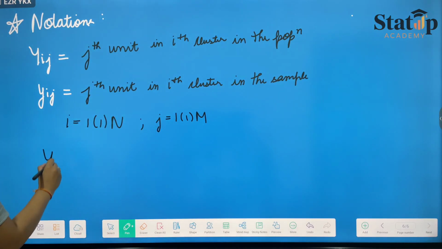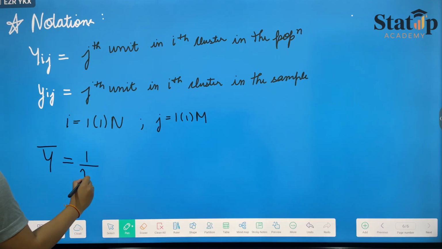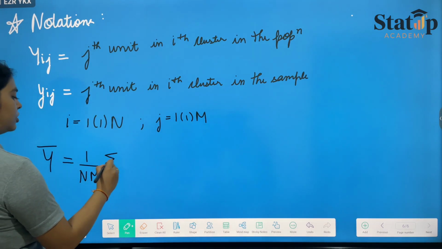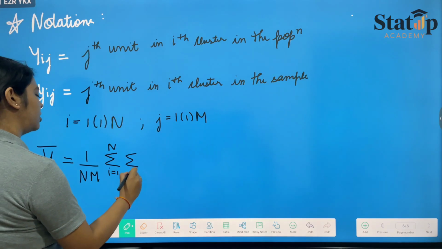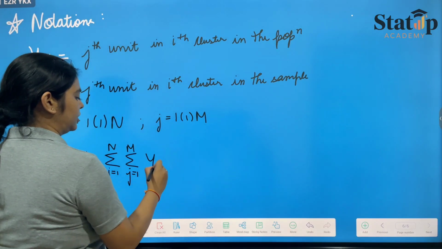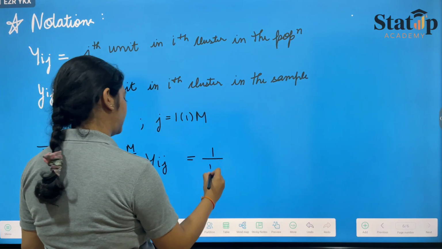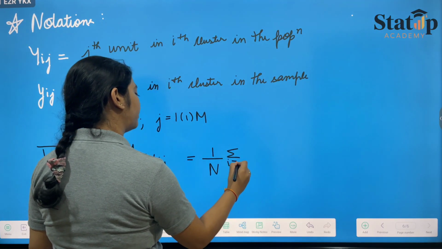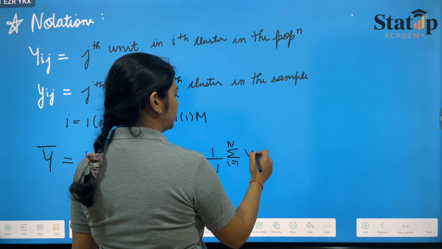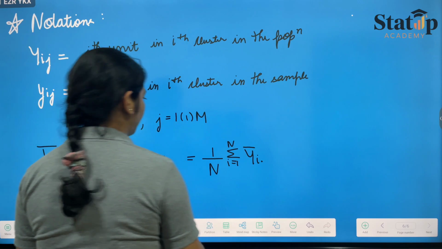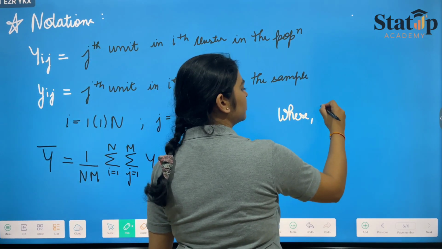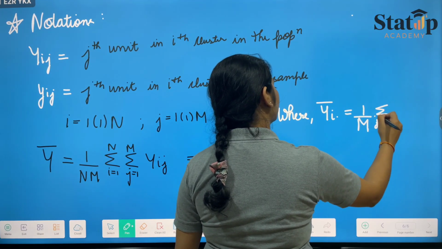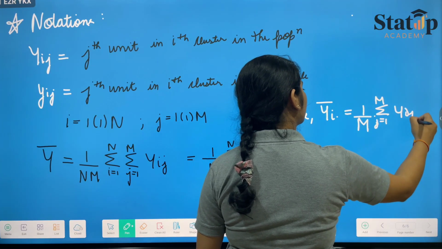So Y bar, which is the population mean, can be written as 1 upon NM into summation i goes from 1 to N into summation j goes from 1 to capital M Yij, or this can also be written as 1 upon N summation i goes from 1 to N Y bar i dot, where Y bar i dot is nothing but 1 upon capital M summation j goes from 1 to M Yij.